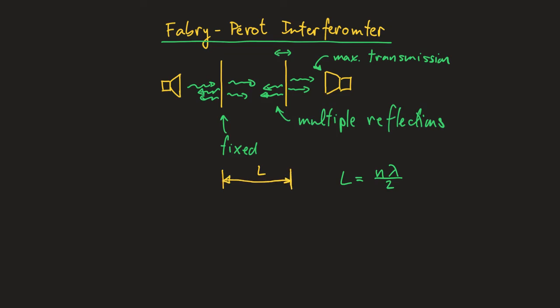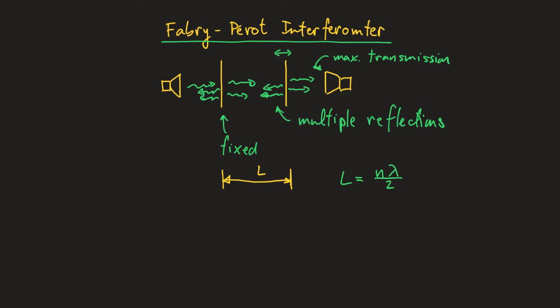Okay, so what you're going to be doing then is you're going to move the right barrier back and forth and look for maxima. And what you should see is that as you move it slowly, say you're leaving this guy fixed and move this guy slowly towards the right, you should see that you have periodic maxima and minima in the signal that you're receiving over here on the right, and that the cycle is repeating every half wavelength.